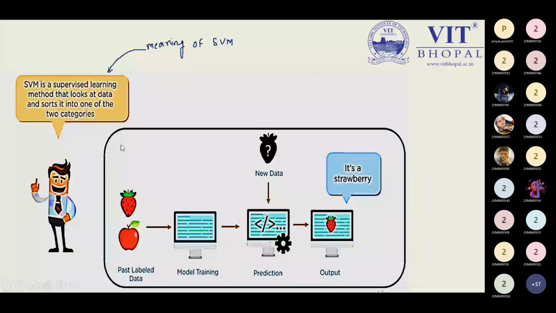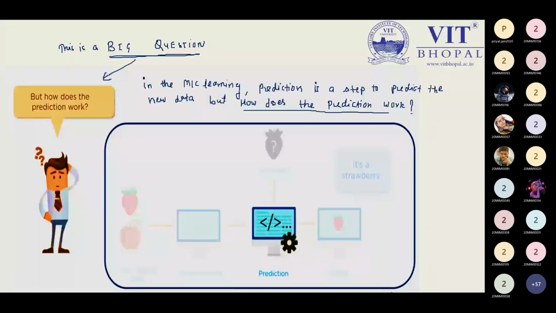That is the meaning. So from this slide, we have this meaning of the support vector machine over here. Now, this is a big question. I have written everything over here for your betterment or for notes purpose. So this is a big question we have. How does the prediction work? So far we have seen regression, linear, multiple, polynomial, logistic regression, decision tree. But this was the big question, how the prediction will work.